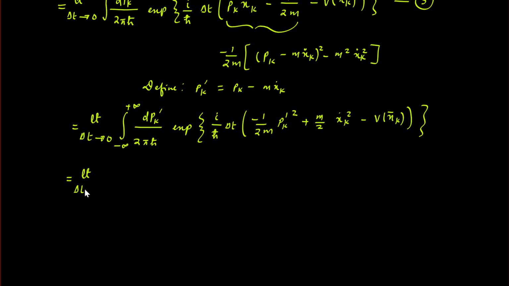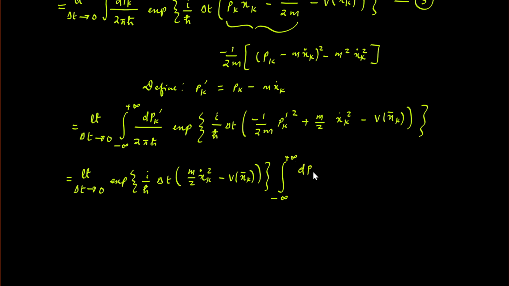We will have the limit delta t tends to 0 of the exponential of i by h cross delta t times the bracket m by 2 x_k dot square minus V(x_k bar), times the integration from minus infinity to plus infinity dp_k prime divided by 2 pi h cross, exponential of minus i delta t divided by h cross times p_k prime square divided by 2m.